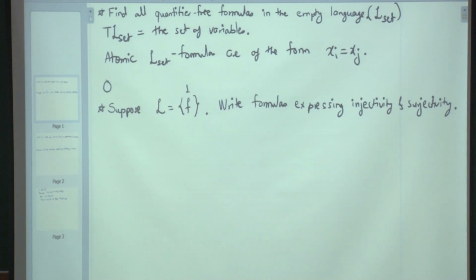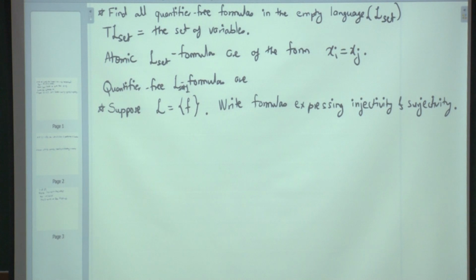And quantifier free formulas, what else can we use in quantifier free formulas? Negation and conjunctions. Okay. This is just xi equal to xj, so we can only say this happens, this doesn't happen, this and this happens.